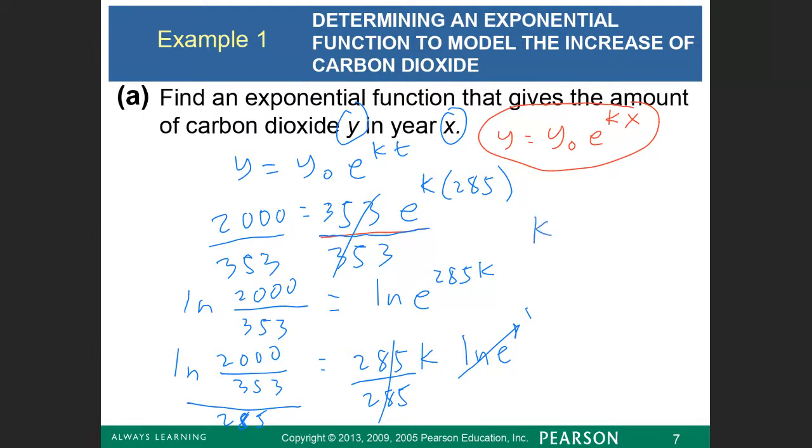So k here is equal to, so the strategy here is do not calculate 2000 divided by 353 yet. We need to have an exact answer, so do not round off your answer. So now you can calculate. You can say ln of 2000, enter this in your calculator, divided by 353. Don't forget the grouping symbol, then divided by 285.